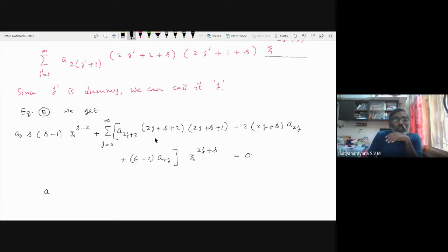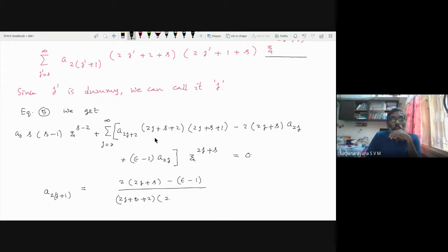That is, a 2j, I can write it as 2 times j plus 1, is equal to 2 times 2j plus s minus epsilon minus 1, divided by 2j plus s plus 2 into 2j plus s plus 1.